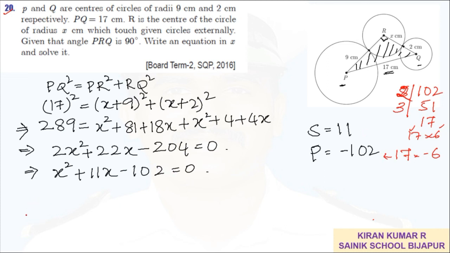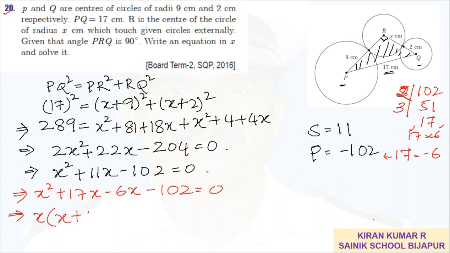Yes. Therefore, I will write x square plus 17x minus 6x minus 102 equal to 0. In the next step, x is common, and (x plus 17) is common, we'll get (x minus 6)(x plus 17) equal to 0.